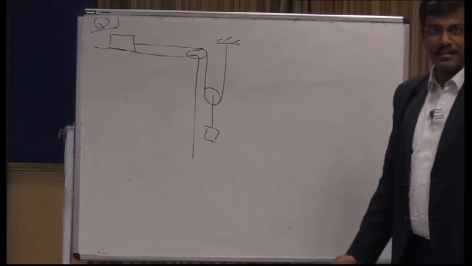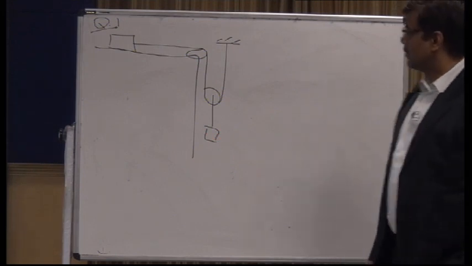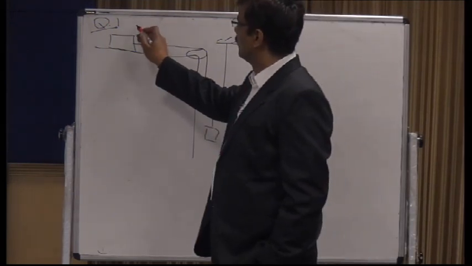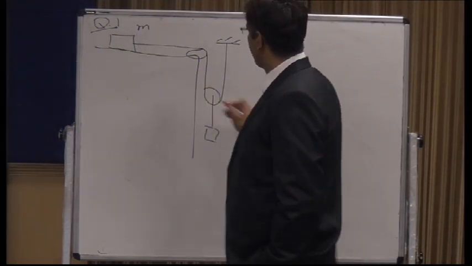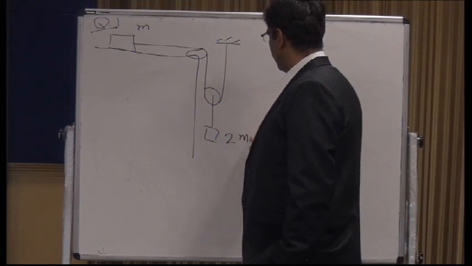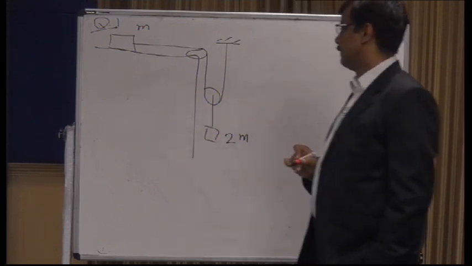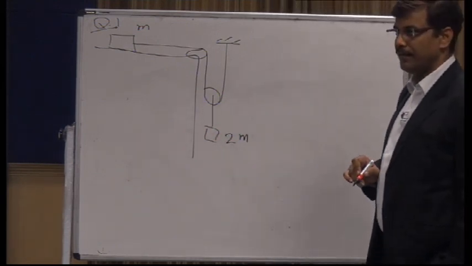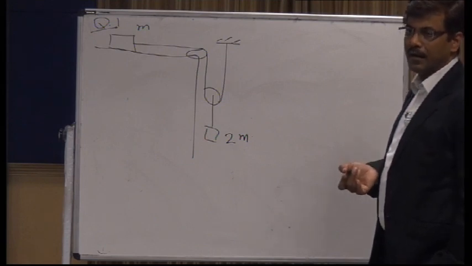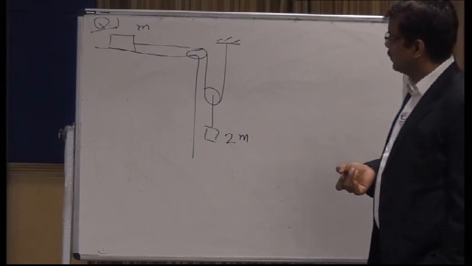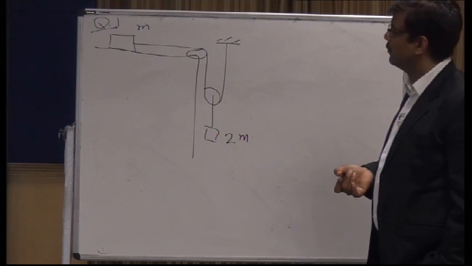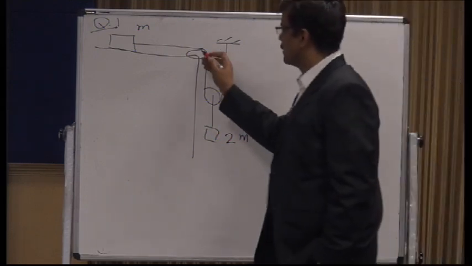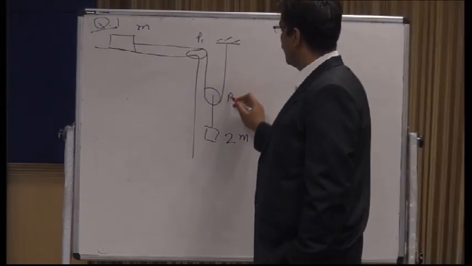Okay, there's a diagram here, and this diagram has got a system where two masses are connected by two pulleys. Both the pulleys are light, P1 and P2 are light.